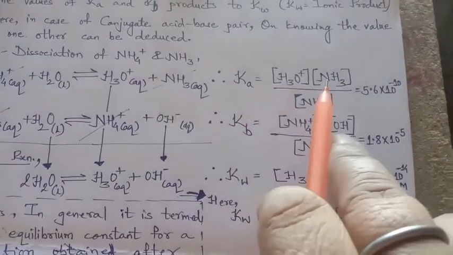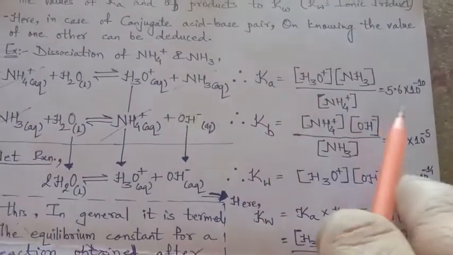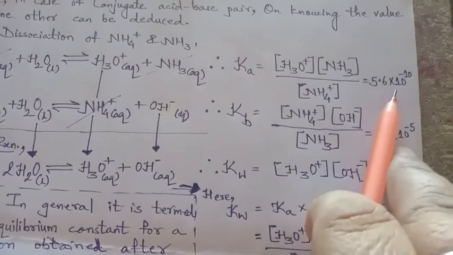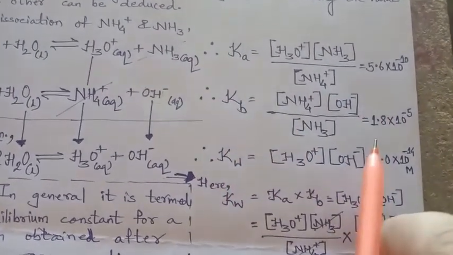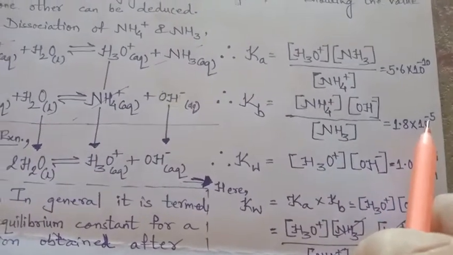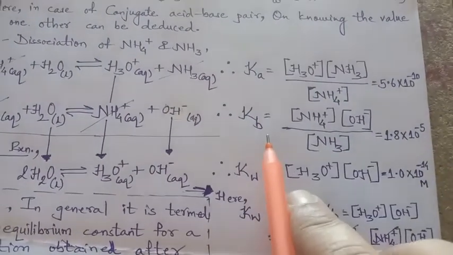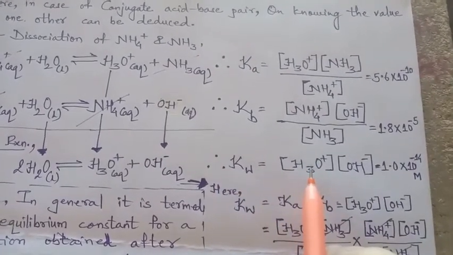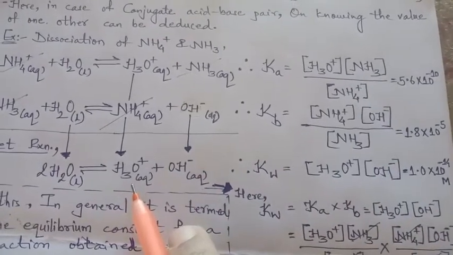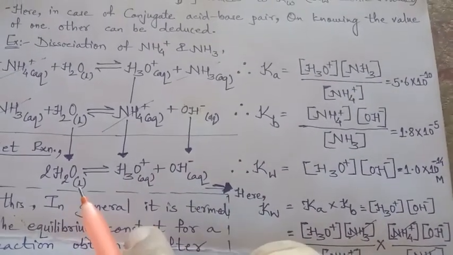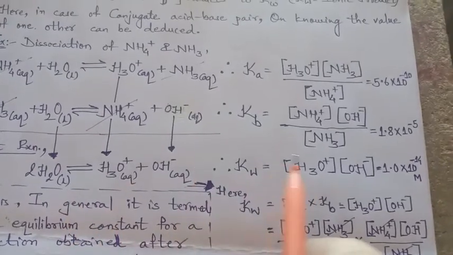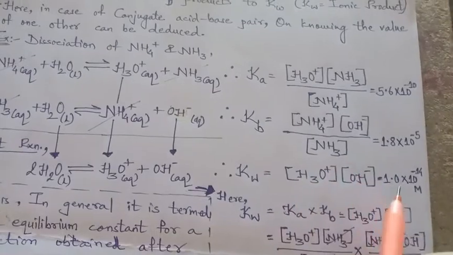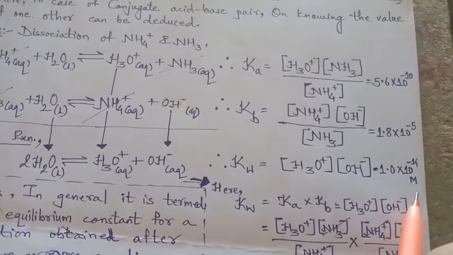The value given for Ka is 5.6 into 10 raised to minus 10, and for Kb it is 1.8 into 10 raised to minus 5. Now putting these values of Ka and Kb in the formula Kw, the ionic product of water, that is H3O plus OH minus. Here water is in liquid form, so it need not be taken as denominator, and we know the ionic product value is 1 into 10 raised to minus 14 molar.